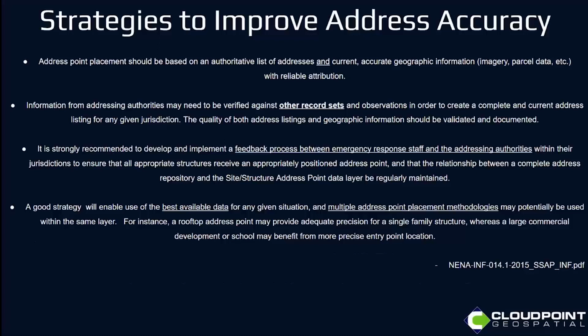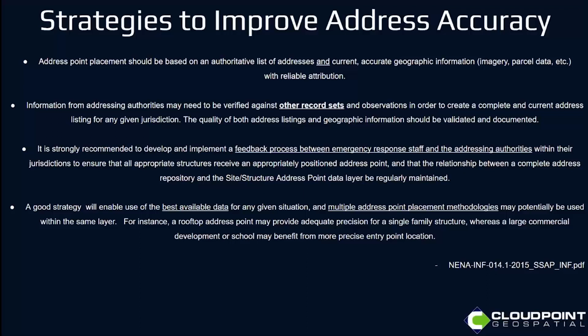So let's talk about some strategies to improve your data accuracy. The address point placement should be based off of an authoritative list of addresses from your addressing authority and accurate GIS data, both imagery, parcel data, whatever we can pull.